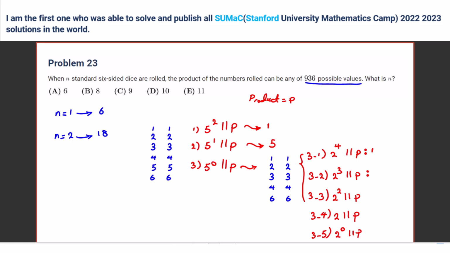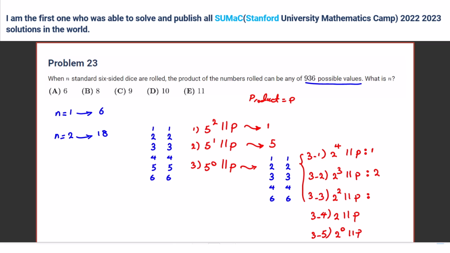Can you tell me those two cases are what? 8 and 24. Good job. Two cases. What about 2 squared? 4, 12, 20, and 36.